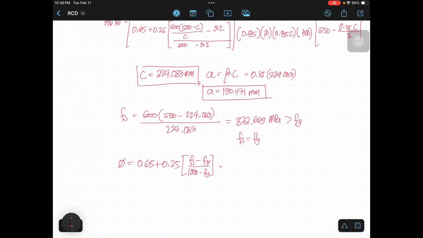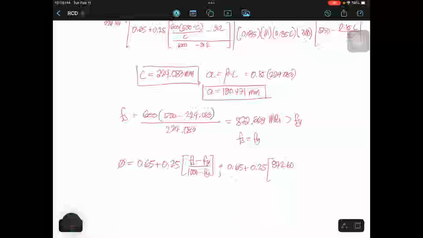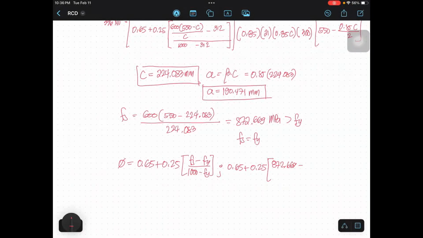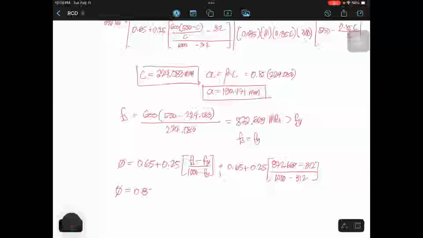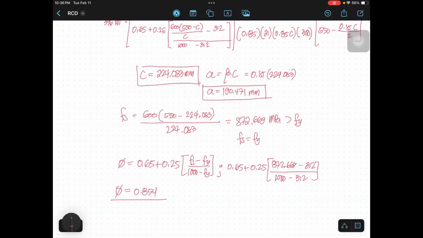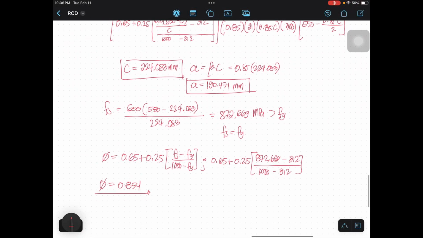So substituting this value, you have 0.65 plus 0.25 quantity 872.669 minus our Fy of 312 over 1,000 minus 312. Our reduction factor is 0.854. This is our reduction factor.